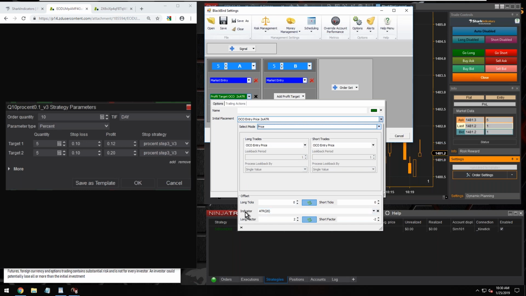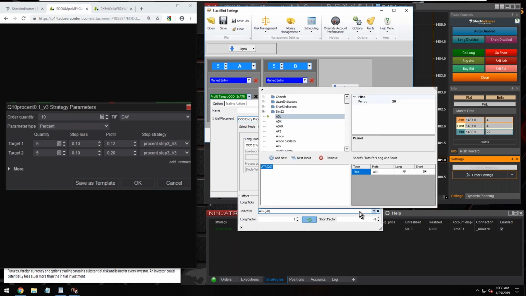Now you do have some options here. You see it says ATR with a 20 period. So you can go in and adjust the period for the ATR here. If you wanted to do that, you can just open up the indicator here, right? So this opens up the indicator window, and you can go in and adjust the period for the ATR right there.